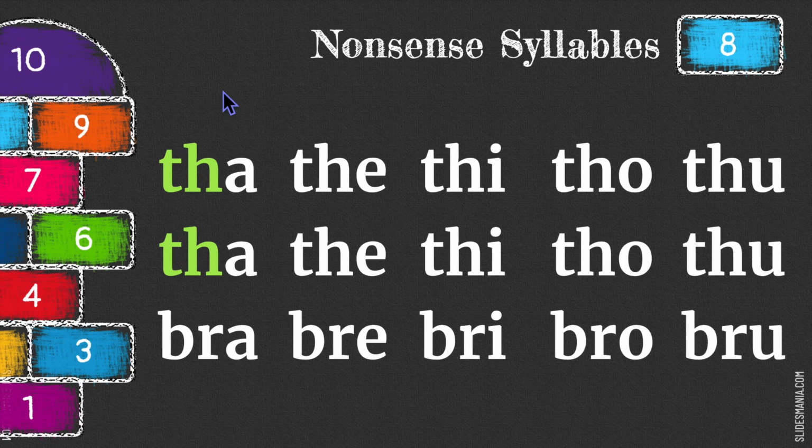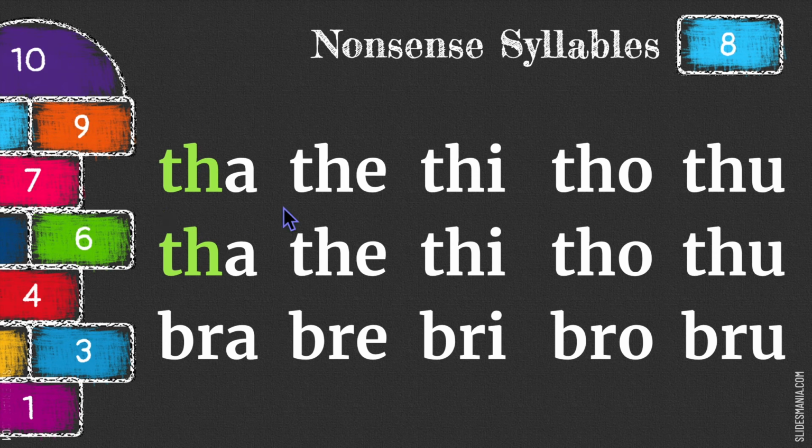Now, unfortunately, there is not a rule about when to use the unvoiced th sound and when to use the voiced th sound when reading a new word. But since the unvoiced th sound is a little more common, try that one first. And if it does not make a word you recognize, then try it with the voiced th sound.